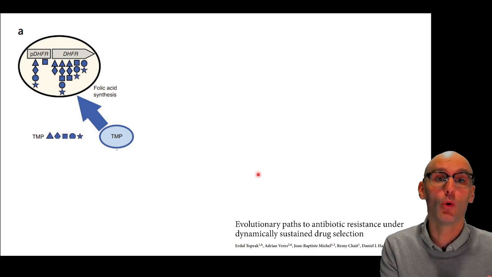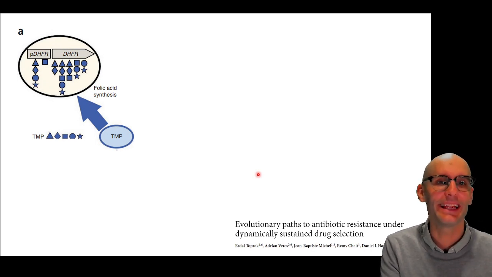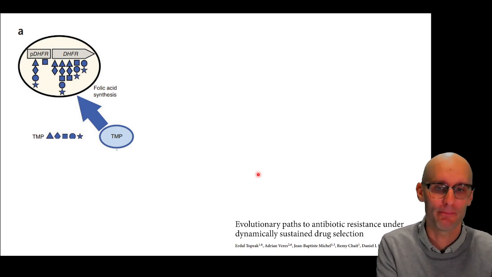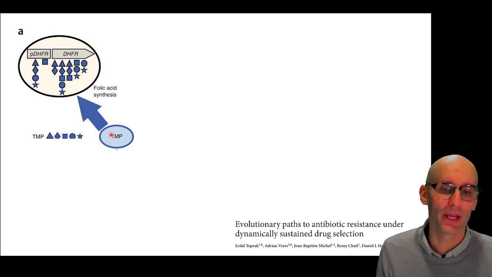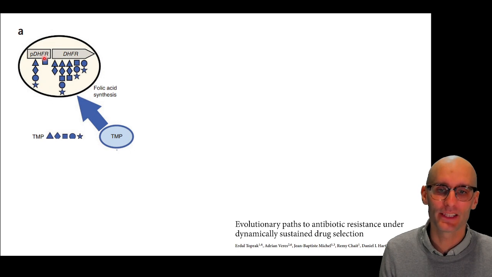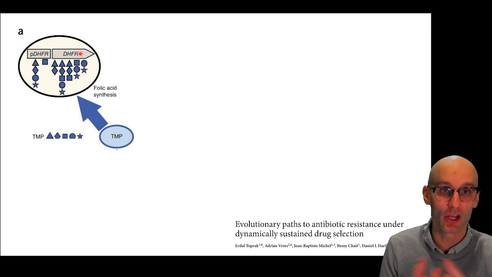But they actually did more than just one antibiotic. So here we can see some of the flaws of this technique. So TMP, it worked amazingly. Here's the TMP-treated bacteria, and here's the promoter region of the DHFR gene, and the actual DHFR coding region.